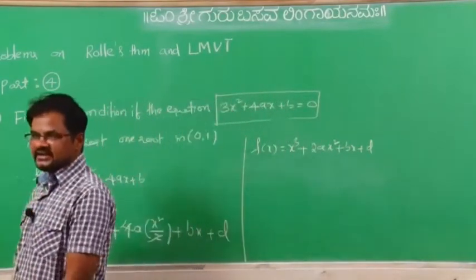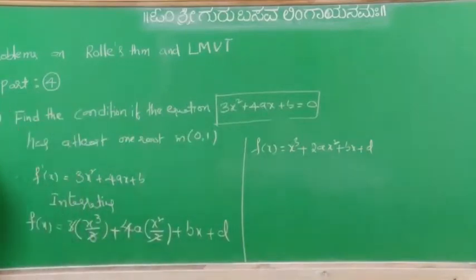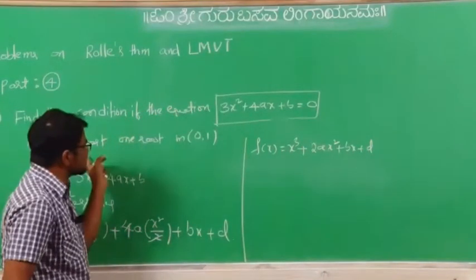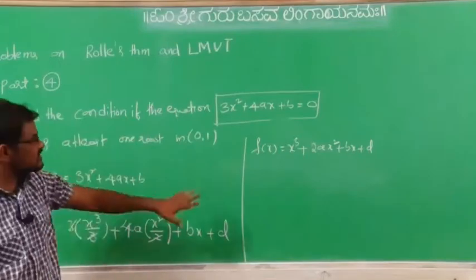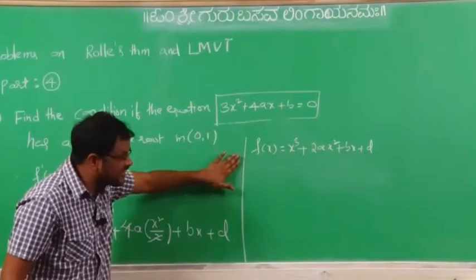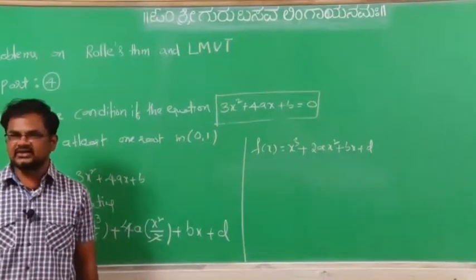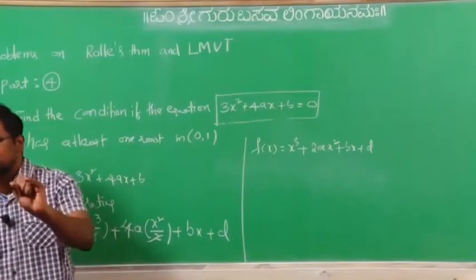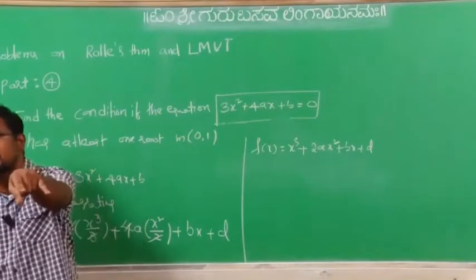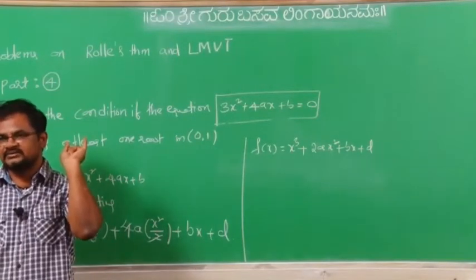So what is it saying? Read the question once again. Find the condition if this equation has at least one root. It means f dash x has at least one root, so f of x must be continuous and differentiable, and f of a equal to f of b.